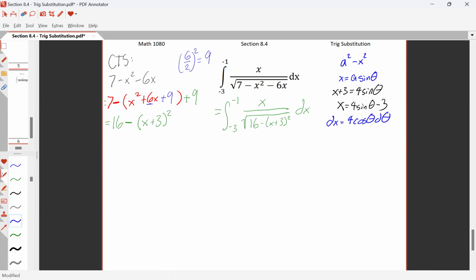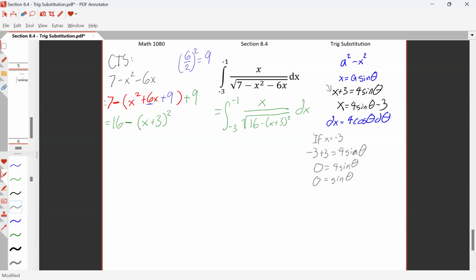But since we're changing variables, because we have bounds, we need to change the bounds as well. So I'm going to take these bounds and plug them into my original substitution equation. They are bounds in terms of x, so they're getting plugged into x. So if x equals -3, we get -3 plus 3 equals 4 sine theta, or 0 equals 4 sine theta, 0 equals sine theta.